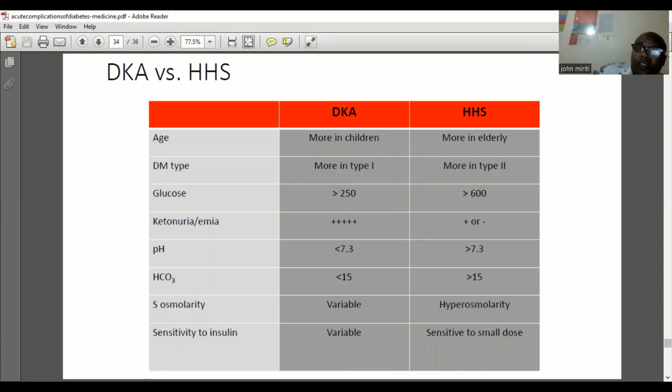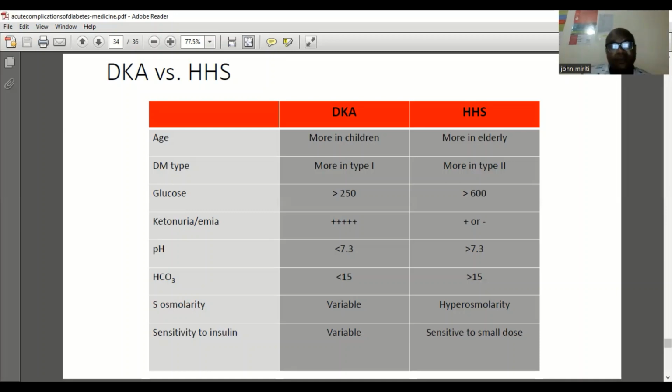Glucose is more than 250 milligrams per deciliter in DKA, whereas it is more than 600 milligrams per deciliter in hyperosmolar. Ketonuria is very common in DKA, whereas it may not be there in hyperosmolar. pH is acidic in DKA, whereas it is not acidic in hyperosmolar. Bicarbonate is less than 15 in DKA, whereas it is more than 15 in hyperosmolar.